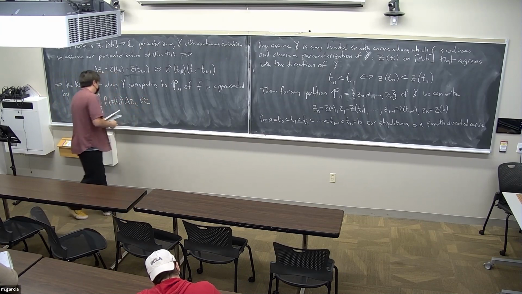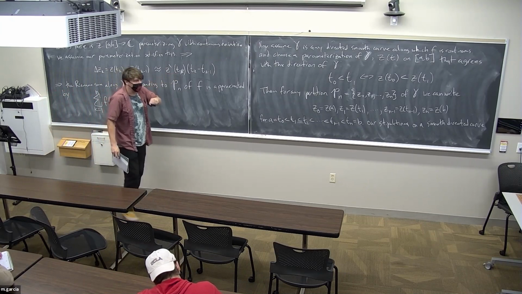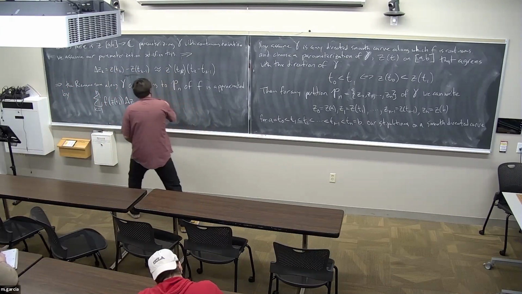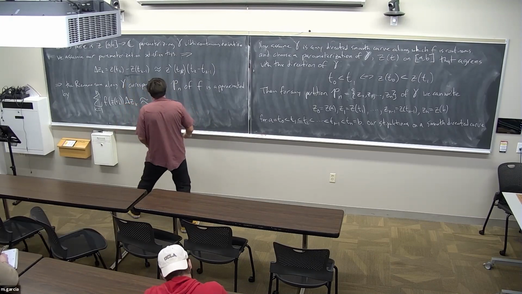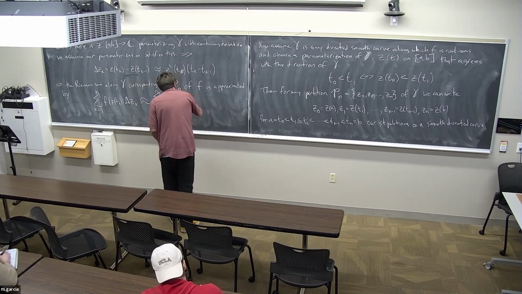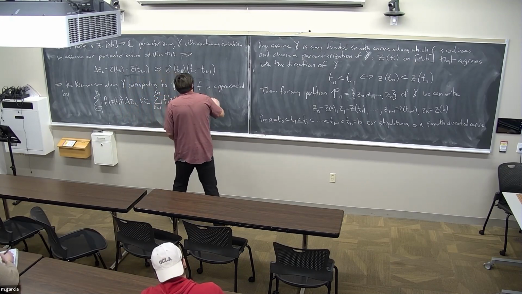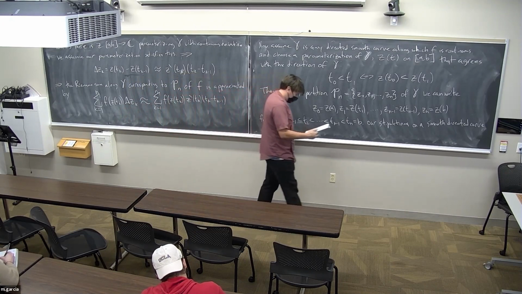If I just replace each term in this sum by my approximation of delta z sub k, what do I get? Again, sum from k equals 1 to n of f of z of t sub k times z prime of t sub k times t sub k minus t sub k minus 1. Okay?